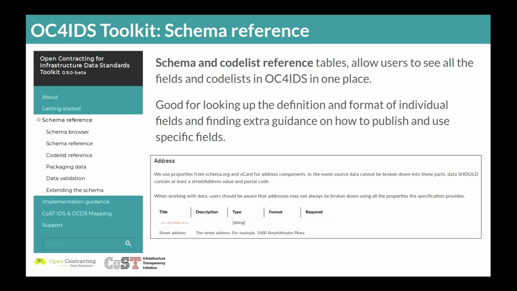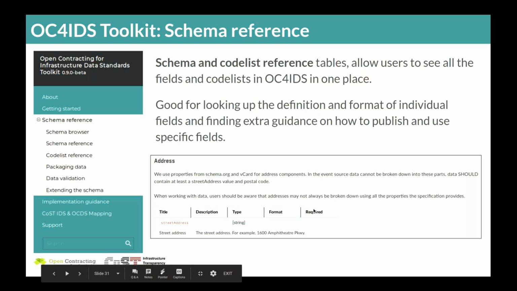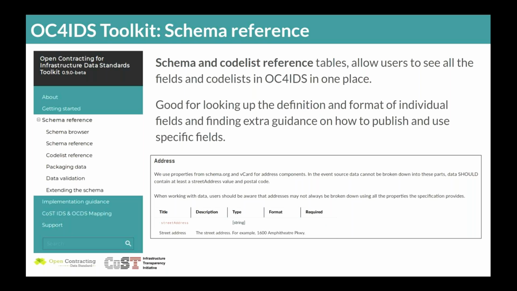We also have the reference table, which lists all the OC4IDS fields and code lists with definitions, so it really helps to drive understanding of what should be published in particular fields and exactly what type of information should be included in that. There's also an indication of whether a field is required or not. There are actually very few required fields within OC4IDS because it's a permissive schema, but it's worth knowing that there are a few in there, for example, the project identifier.